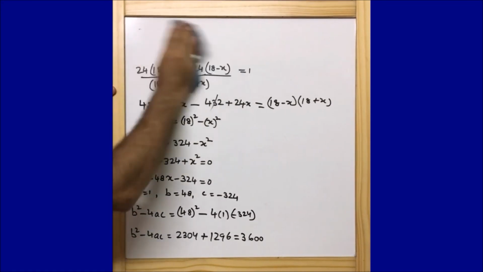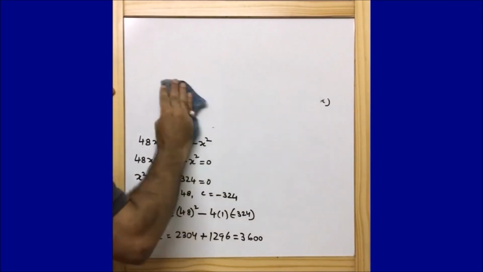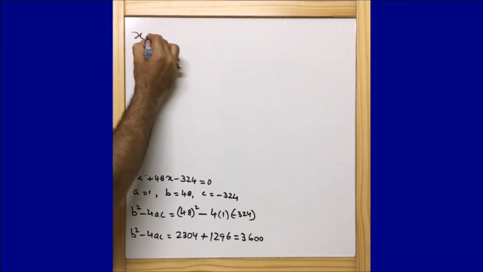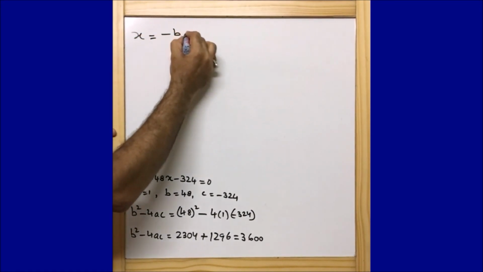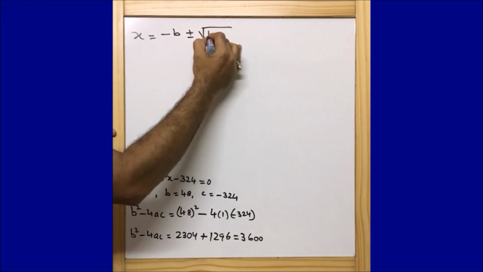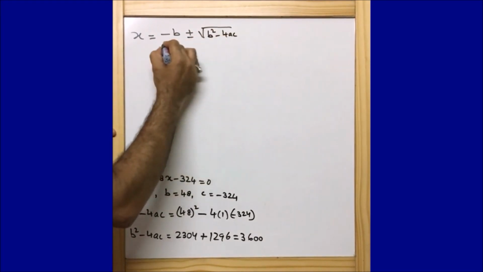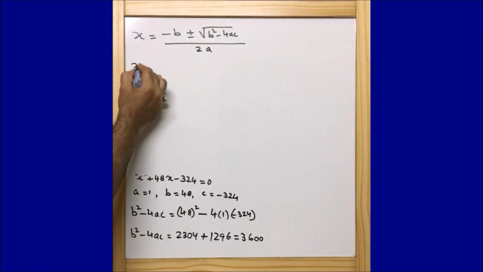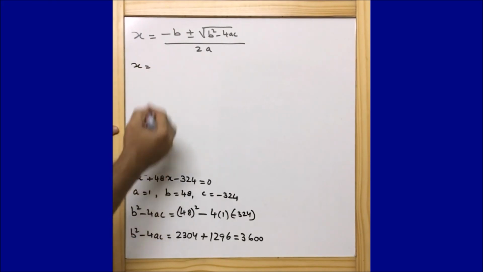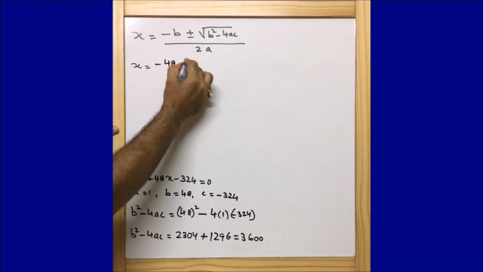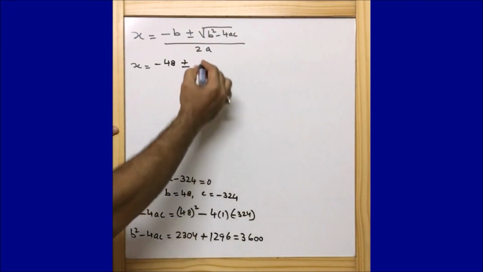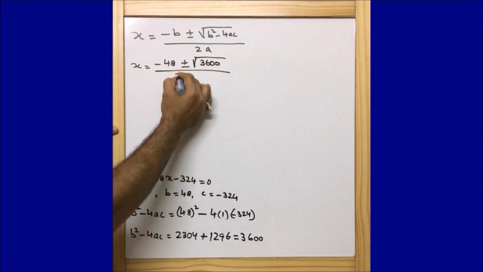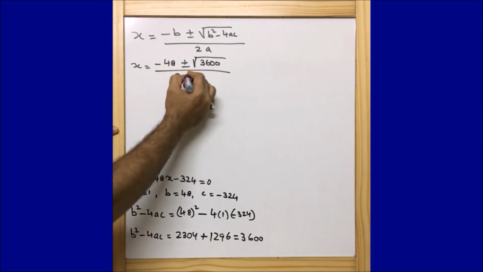Now let us put this into the quadratic formula and see what we get. We know that the quadratic equation is solved by x is equal to minus b plus or minus root of b square minus 4ac, by 2a. So here x is equal to minus 48, since b is 48, plus or minus root of 3600, upon 2 into a, and a is 1.